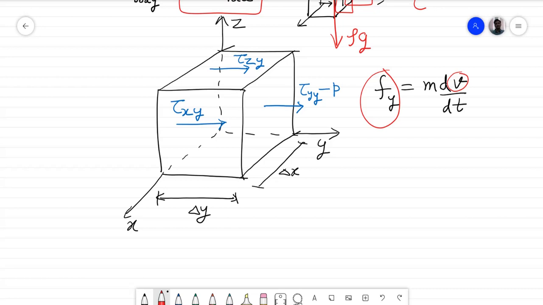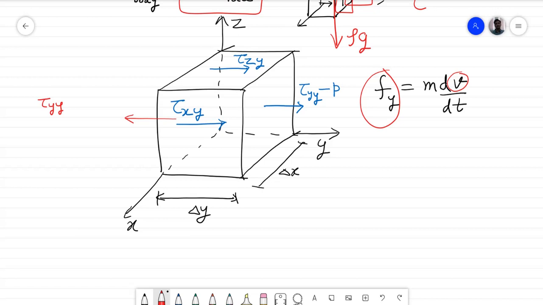So if I have to write the normal stress on the left face, which I'll show by a red arrow, this is on the left face, that will be tau yy, and we can again apply Taylor series expansion here.